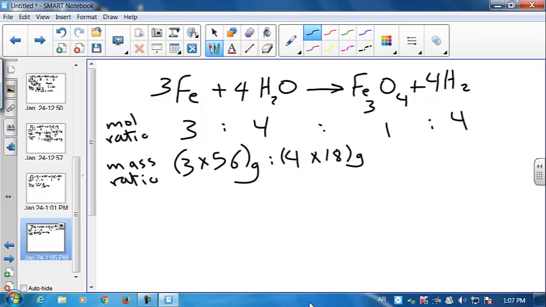Yes, 168 grams of iron reacts with how many grams of water? 72, yes. This is the mass ratio. He didn't give me this.